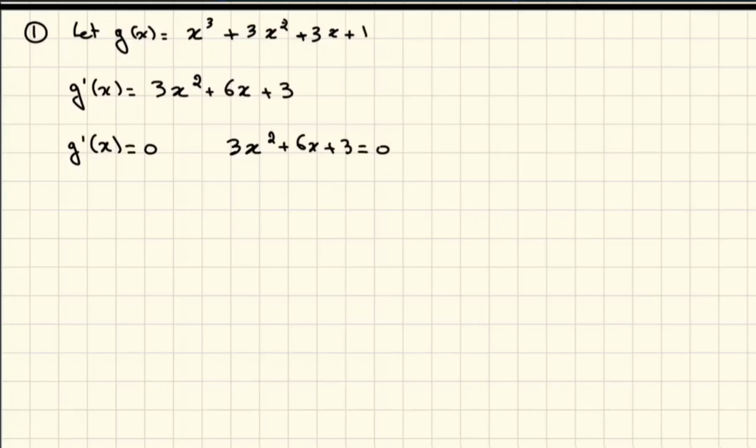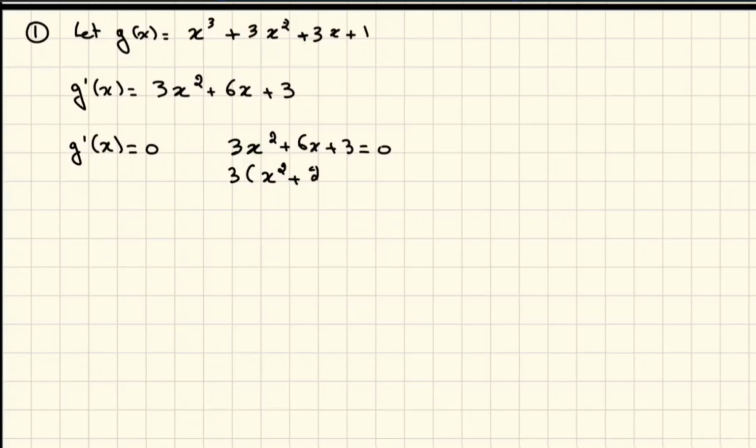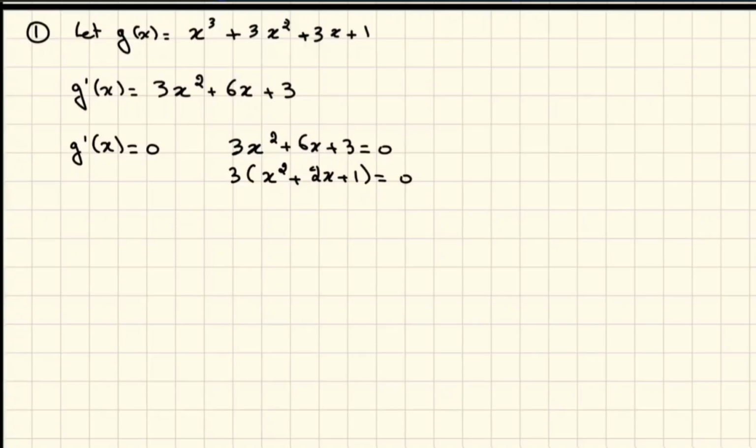Now either you use a calculator to get the roots or you can factorize. So in this case, if you factorize, you take the 3 out and you get x squared plus 2x plus 1 inside the parentheses. Now this is the same thing as x plus 1 all squared equals 0.